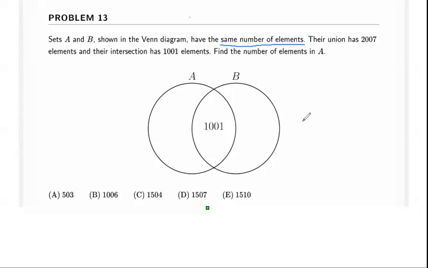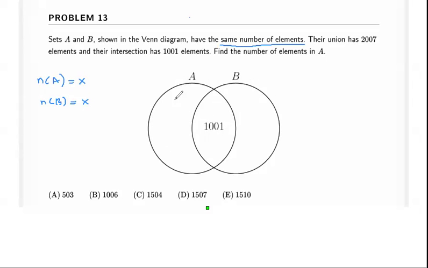So let's say that number is X. I'll say the number of elements in A, which is N of A, I'm going to call X, and this has to be the same as the number of elements in B as well. But X is the total number in this entire circle, and the 1001 is in the middle region, which is the common region.